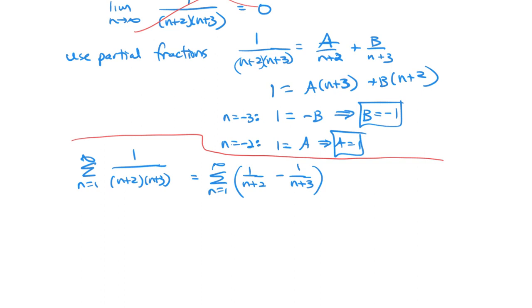So let's just say I start listing these out. But first what I want to do is split this up into two parts. Because with summations we can split these up into pieces. So I can say this minus the summation n equals 1 to infinity of 1 over n plus 3.